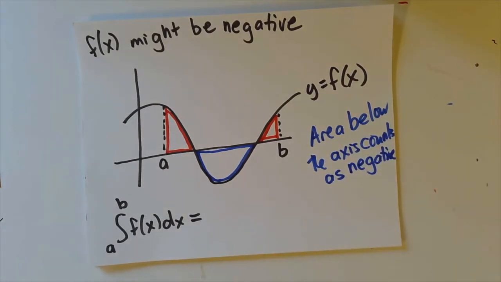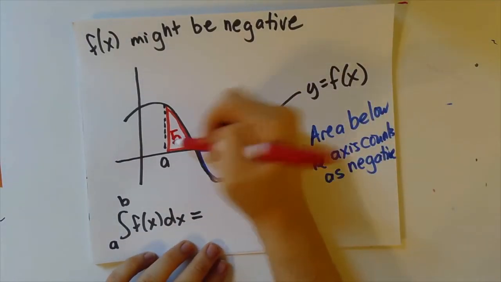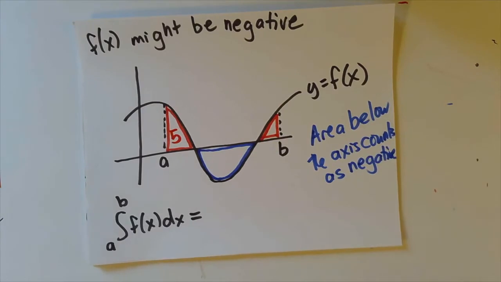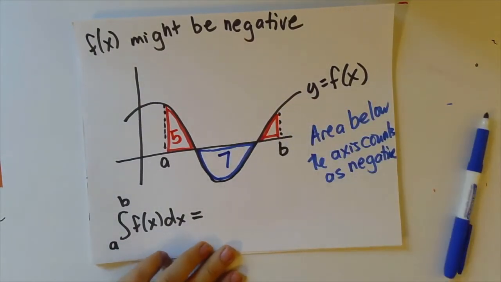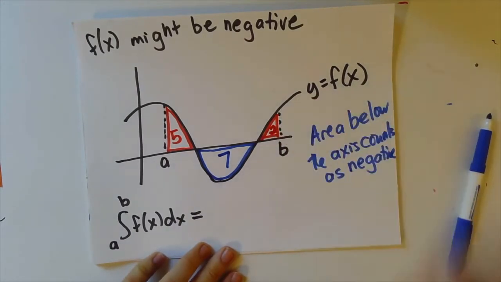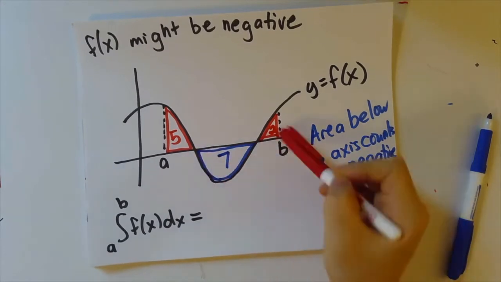If I label these, let's say this area here is 5, this area here is 7, and this area here is 2.